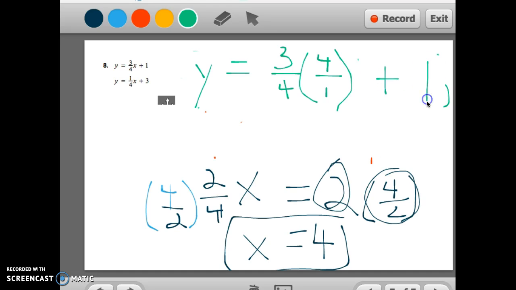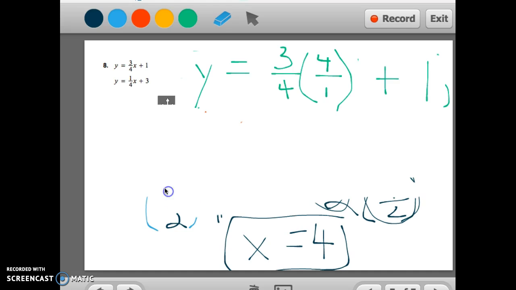Plus 1. We'll do the plus 1 last by order of operations. So multiplying these two fractions, it's 12 over 4, right? If you multiply straight across. 12 over 4, which is 3.